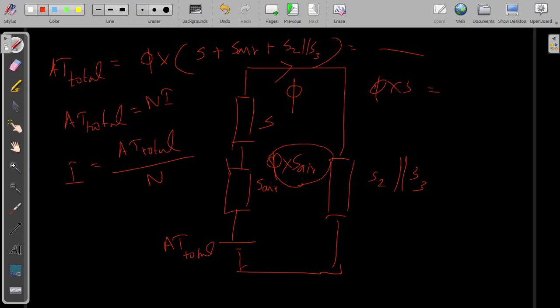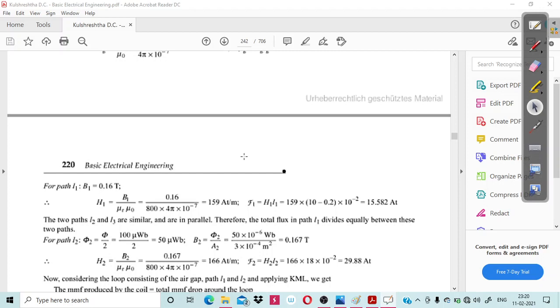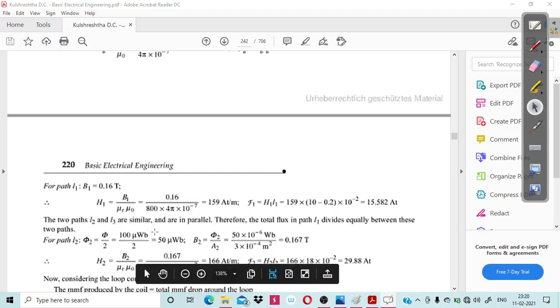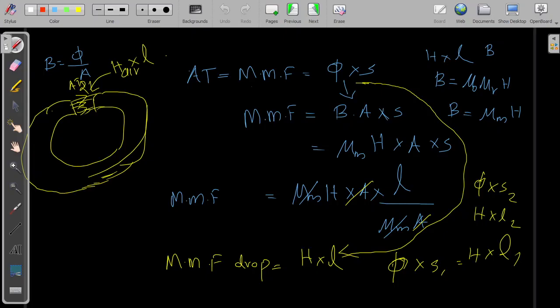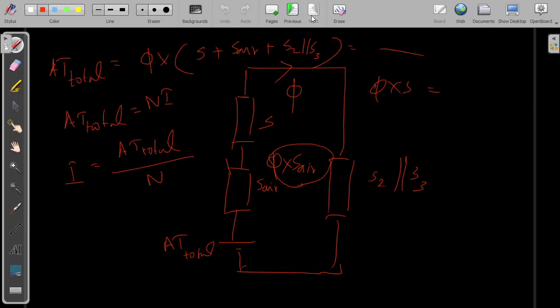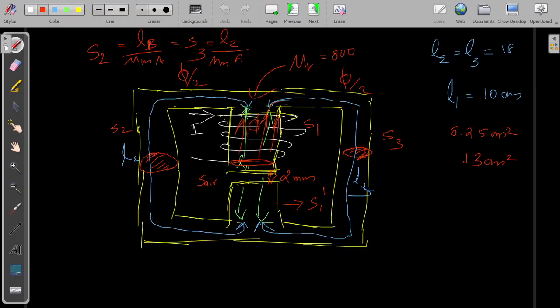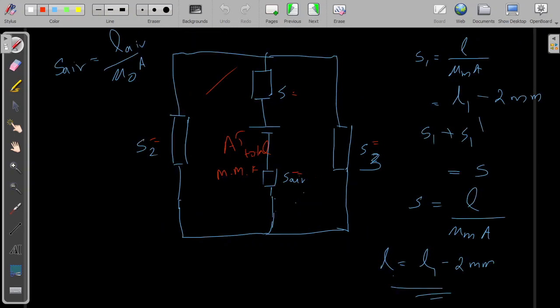And then they have calculated for the two paths L2 and L3 similarly, but since these reluctances S2 and S3 are parallel, the mmf drop across these two reluctances will be the same.